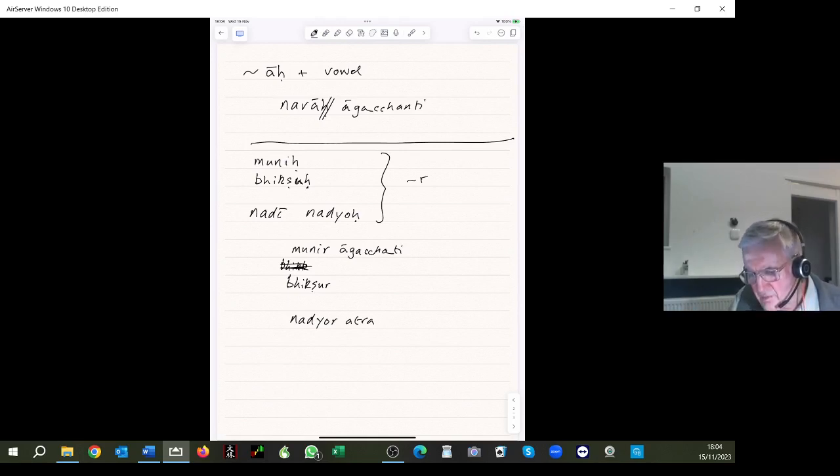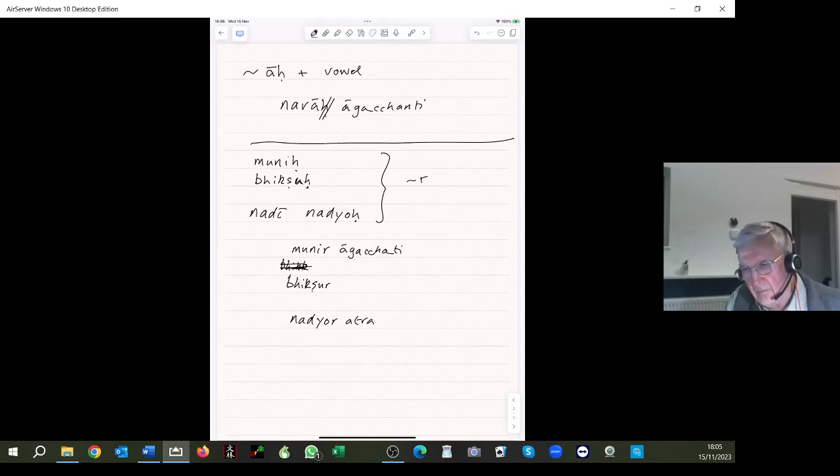The same rule applies, though it's not the order, I appreciate, that Egenes grammar follows here, as we continue to look at visarga preceded by any vowel other than a or long a. So these same, munih, bhikshuh, nadyoh.